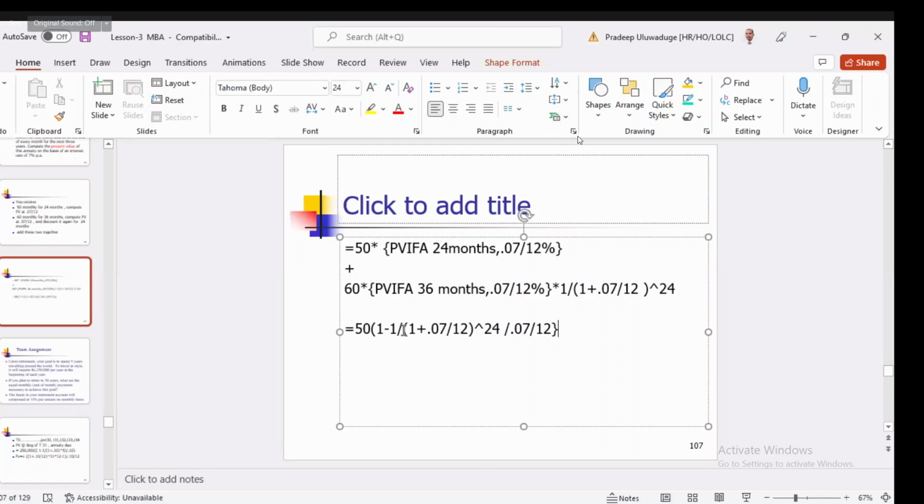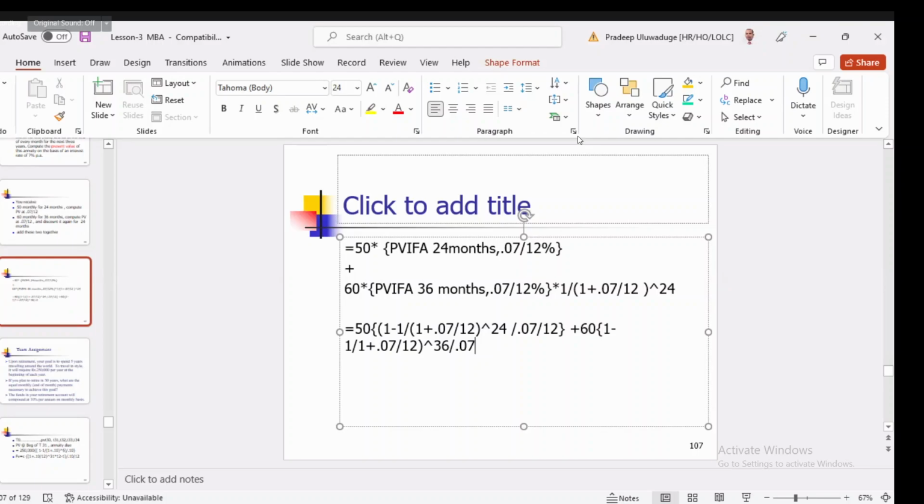Then add to that 60 into 1 minus 1 over 1 plus r, again 1 plus 0.07 divided by 12, to the power 36 months, and divide the whole thing by 0.07 divided by 12.